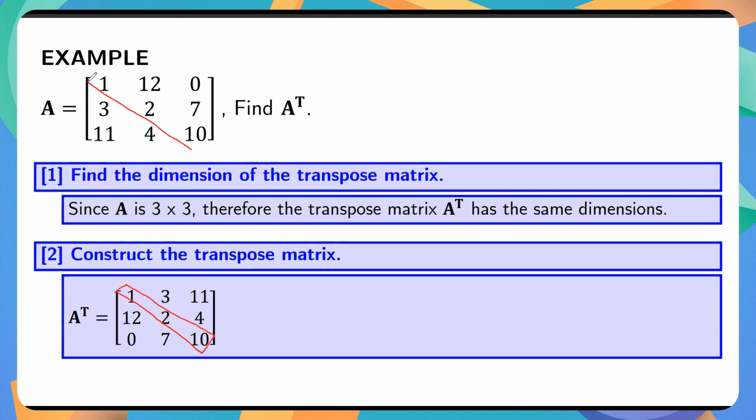So it's still 1 to 10 over here. Meanwhile, those outside the diagonal actually swap places. So 3 and 12 swap places. Then we also have 0 and 11 swapping places. And then we also have 4 and 7 swapping places. So those are some examples of how a transpose of a matrix works.